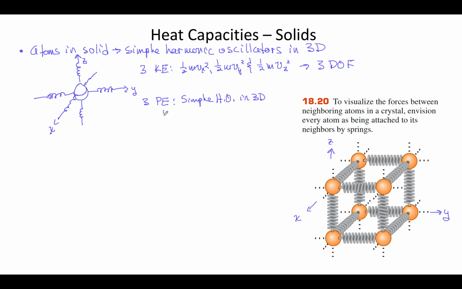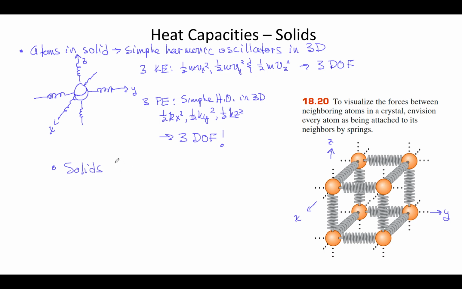So you have a 1/2 k x squared, and the k has to do with the forces in the x direction. I'm going to assume they're all the same. You have a 1/2 k y squared, and you have a 1/2 k z squared, right? These are 3 more degrees of freedom, right?